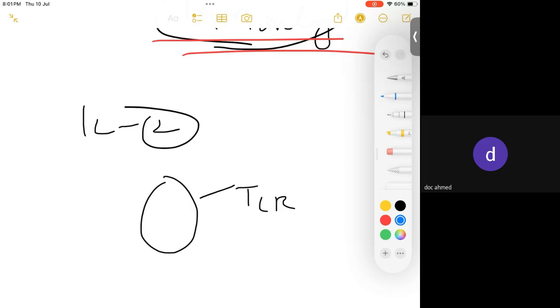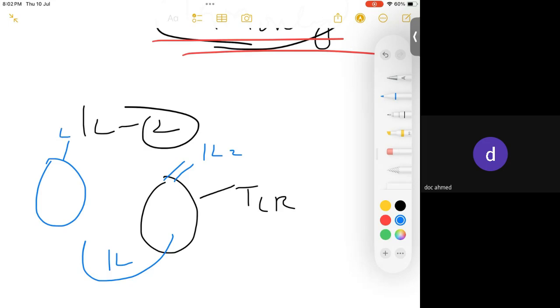And along with T cell receptors, T cells also have a receptor for interleukin 2. So sometimes your T cell can make interleukin 2, and it can go to other T cells having the same interleukin 2 receptor, attach to it, and cause growth of the T cells. Is it clear?